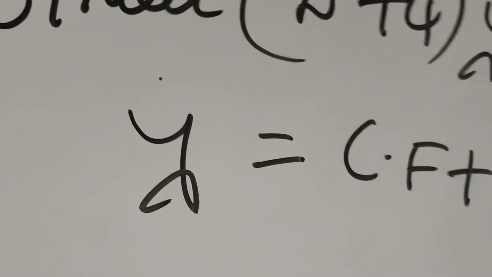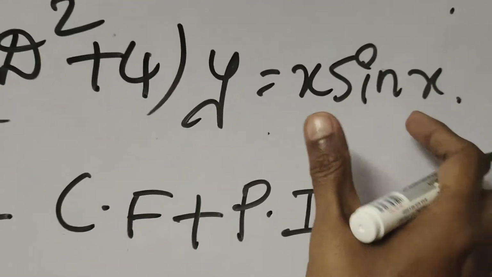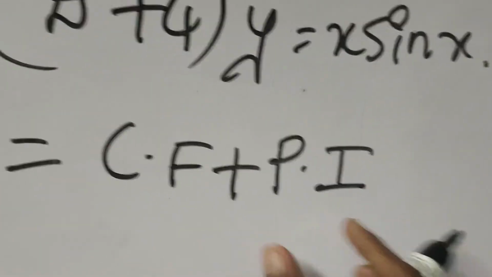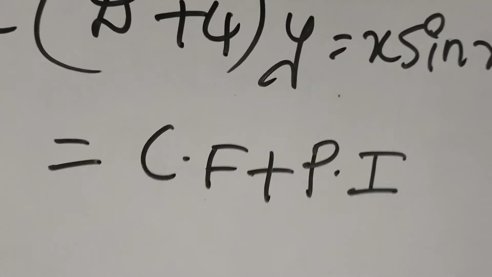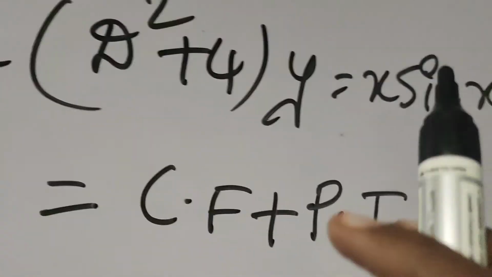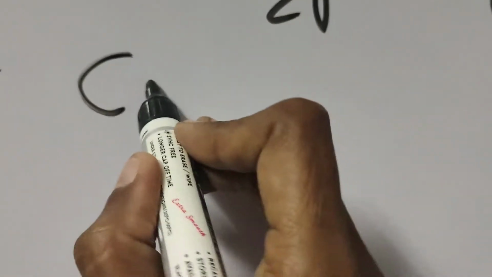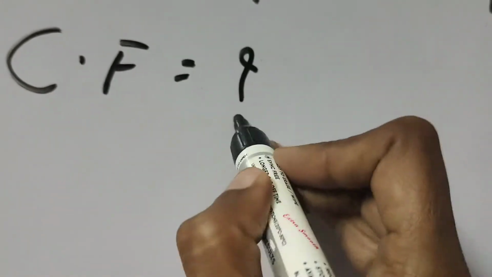If the right-hand side is zero, we find only the CF. Here we find both the complementary function and the particular integral. First of all, find the CF.